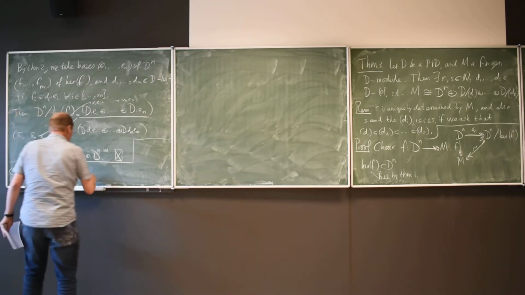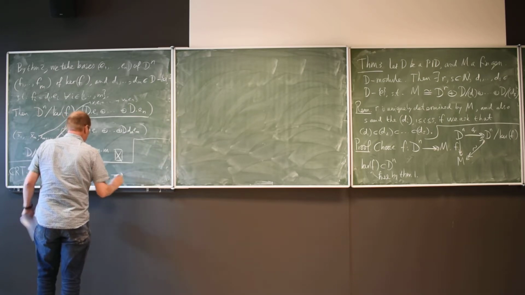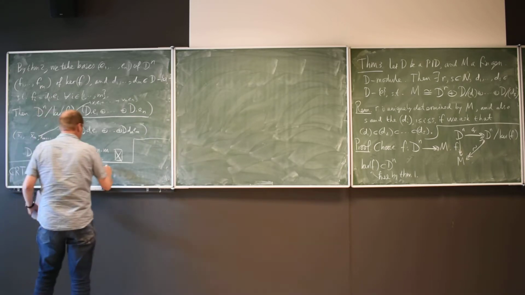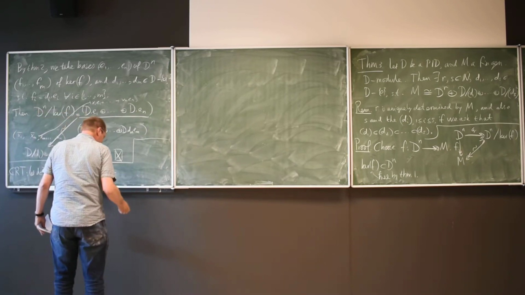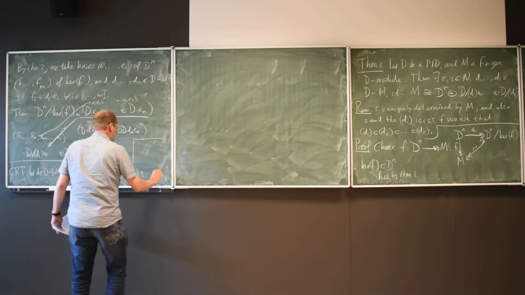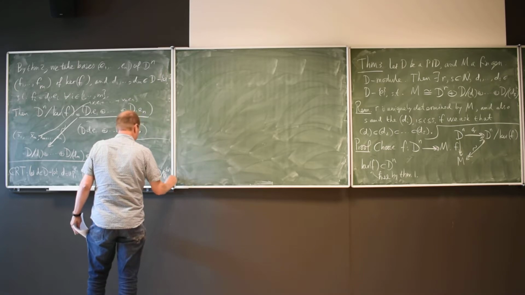Then D modulo d is isomorphic to D modulo p1 to the e1 direct sum ... D modulo pr to the er. Actually, I can give the proof while I write it. I look at the map from D to D modulo p1 to the e1 times ... D modulo pr to the er as ideal.